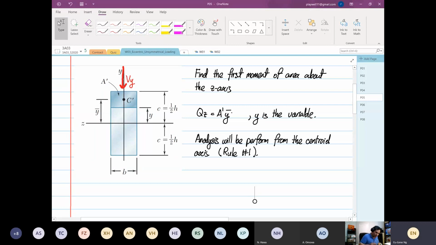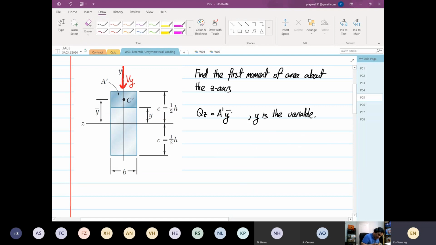Right, so rule number 1, sorry, it's not the datum, sorry. Okay, I do apologize. The datum of the analysis will be from the centroid axis. Okay, so this is rule number 1.